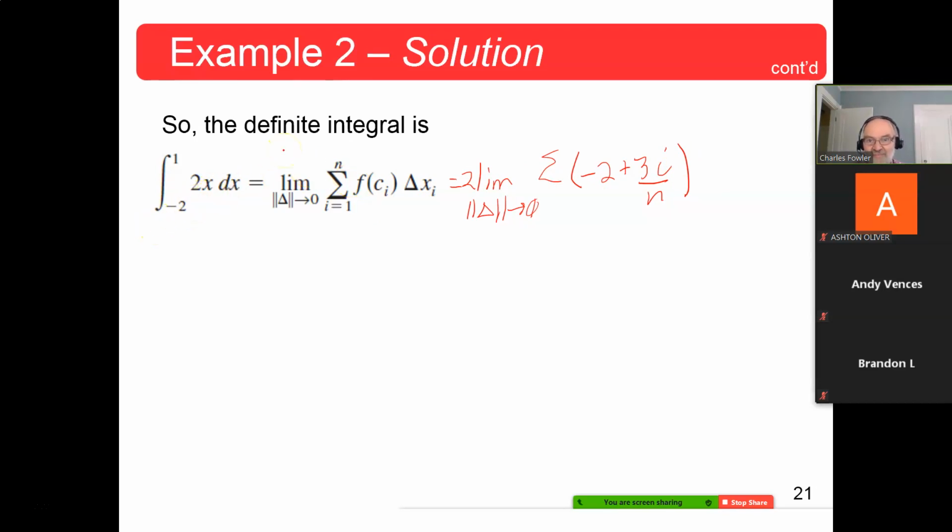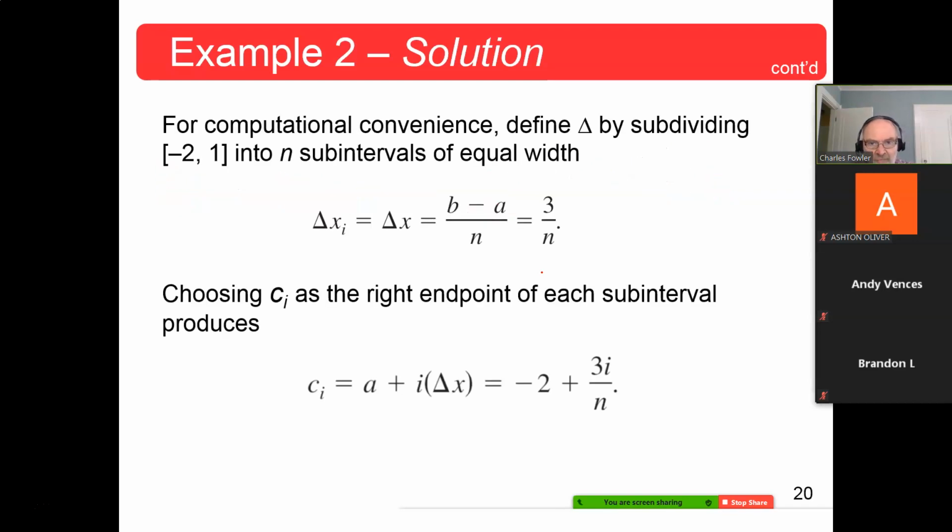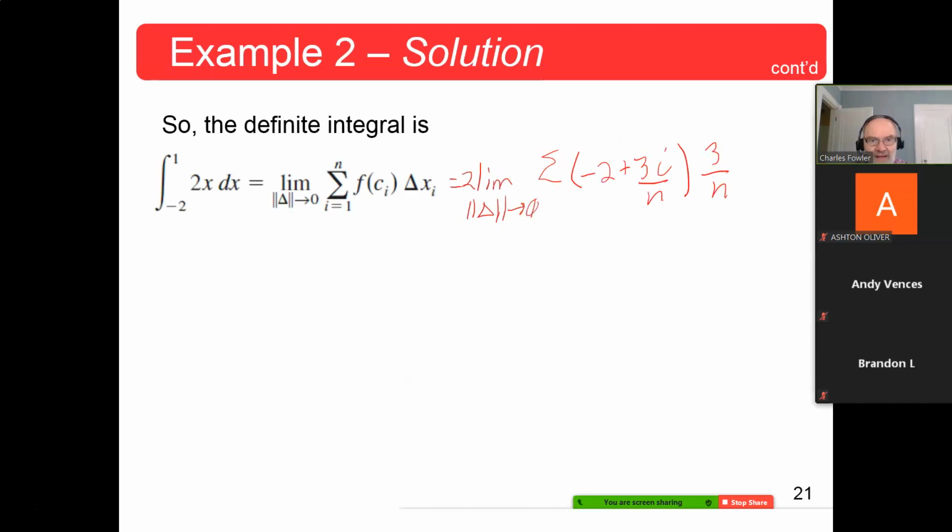That is your x, c sub i, and your delta x sub i I think was 3 over n, wasn't it? All right, let me just make sure I'm remembering. Right, 3 over n, -2 plus 3i. Okay, got it.